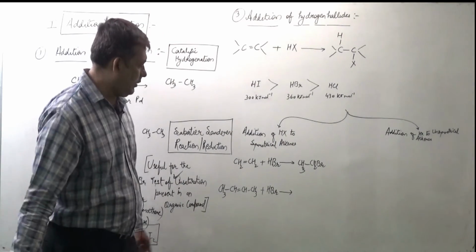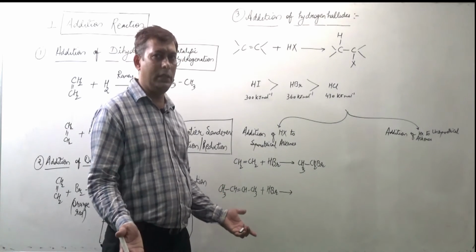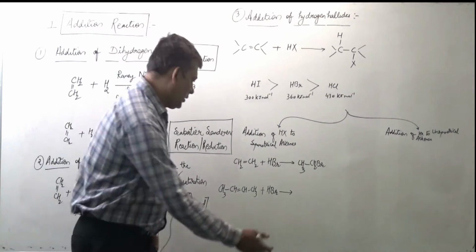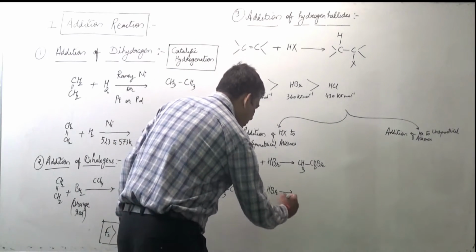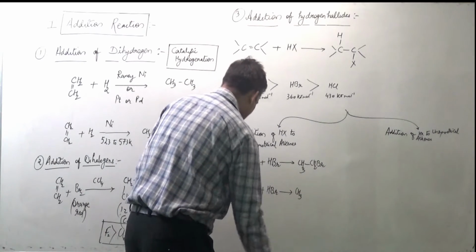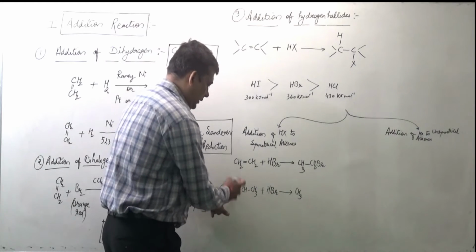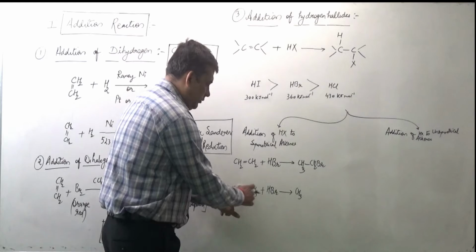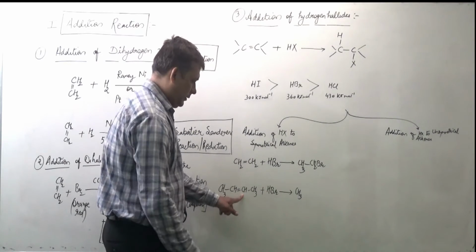It can go to any of these two carbons because it is a symmetrical alkene. It will not make any difference. So, the product would be CH3. If it goes with this carbon, it will become CH2 and this carbon would become CHBr.